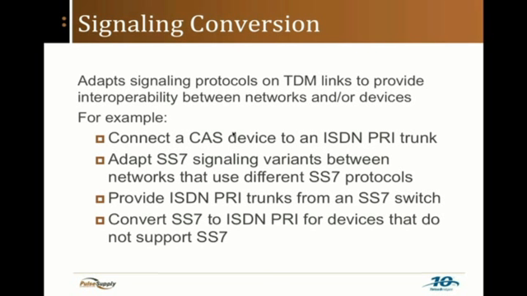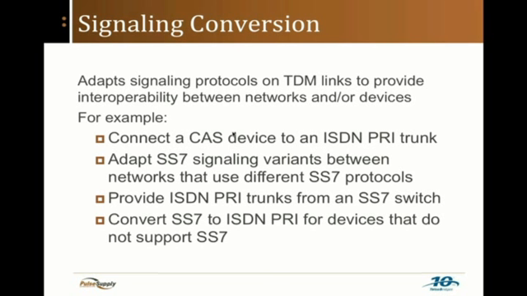For example, you may be faced with the challenge of connecting an older CAS device, such as an older PBX, to an ISDN PRI service from a service provider, or you are a carrier and you're able to provide ISDN PRI links but need to connect to legacy devices, or you may be required to adapt between different SS7 signaling variants.